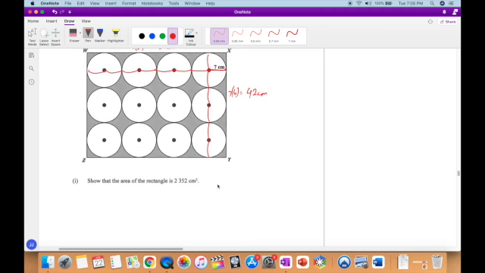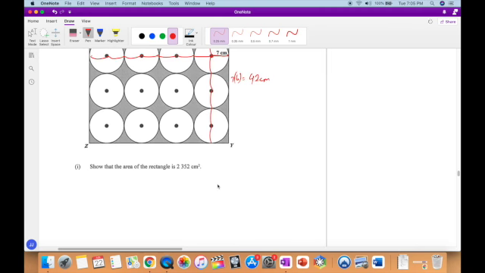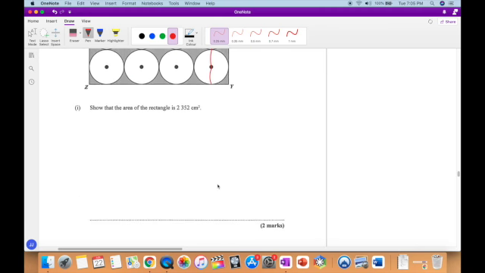Show that the area of the rectangle is that. Well, the area of the rectangle will be 56 times 42. So the area of the rectangle is equal to 56 times 42, which is 2352. The problem is a full 2 marks, so we need to put more work in.